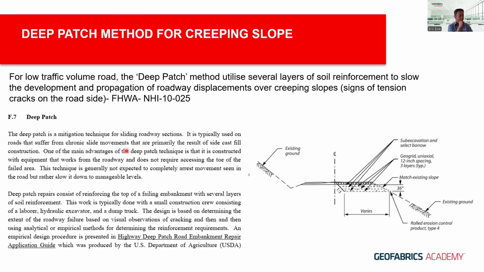Lastly, before we move on to mitigation, for low traffic volume road again, under FHWA, they have this method called deep patch, whereby they utilize several layers of soil reinforcement to slow the development and propagation of roadway displacement over some creeping slopes, i.e. you have found some tension cracks on the road face, and chances are that the slope underneath has been creeping over time, and the roading contractors have been piling up a silt layer and piling up materials over the years, and it keeps settling and settling.